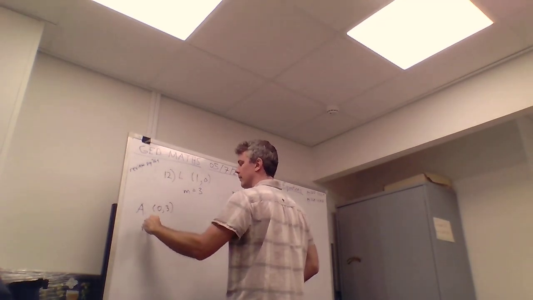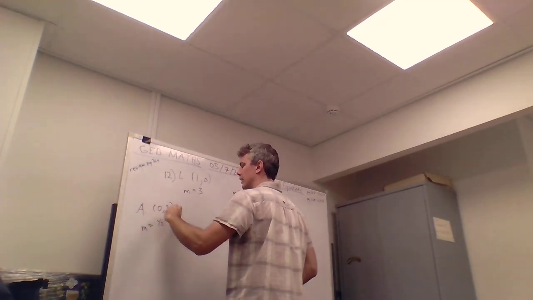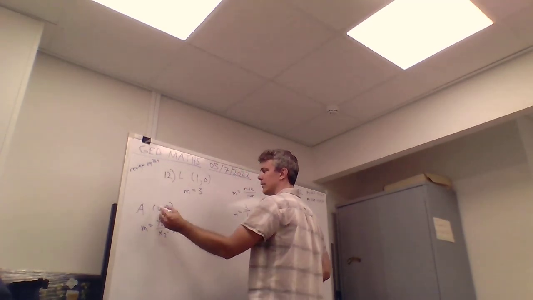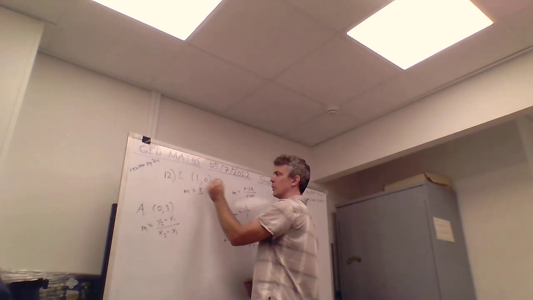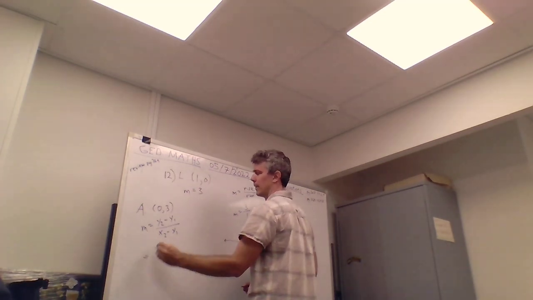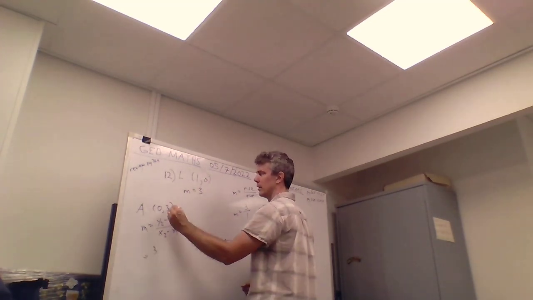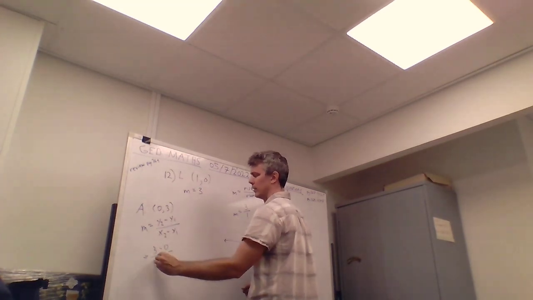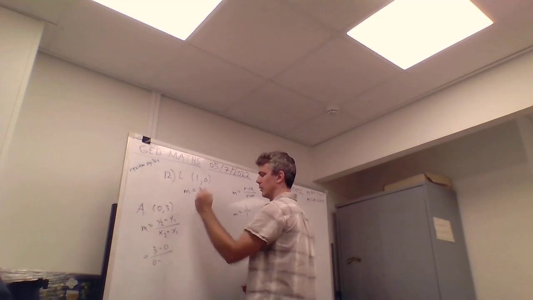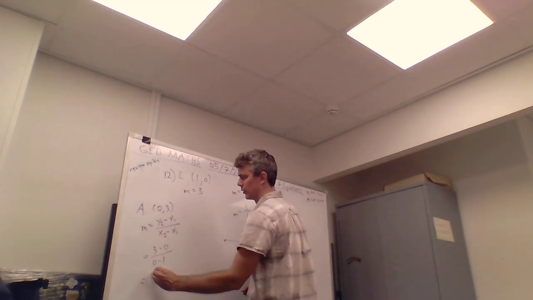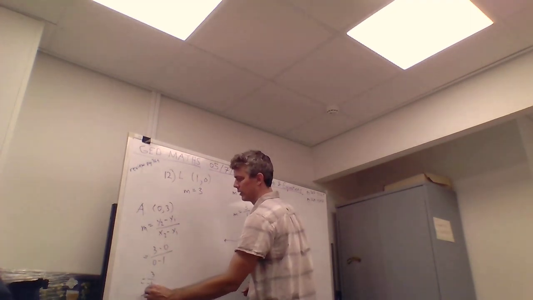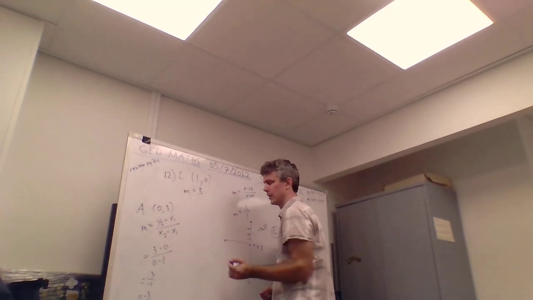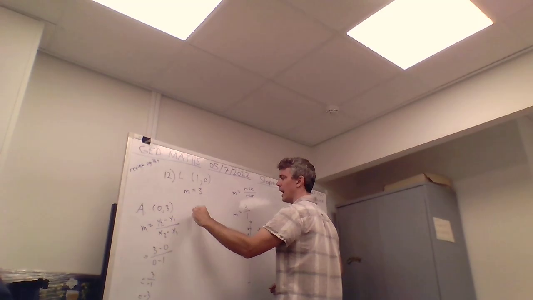Alright, so if m equals y2 minus y1 over x2 minus x1, if it's 0 and 3, this will be y1, this will be y2, right? So it'll be 3 minus 0 over 0 minus 1, which equals 3 over negative 1, which equals negative 3. Not correct.